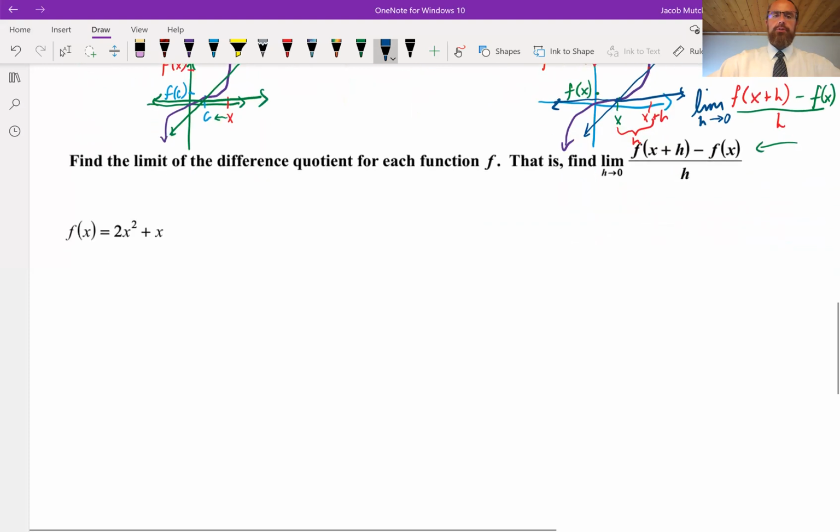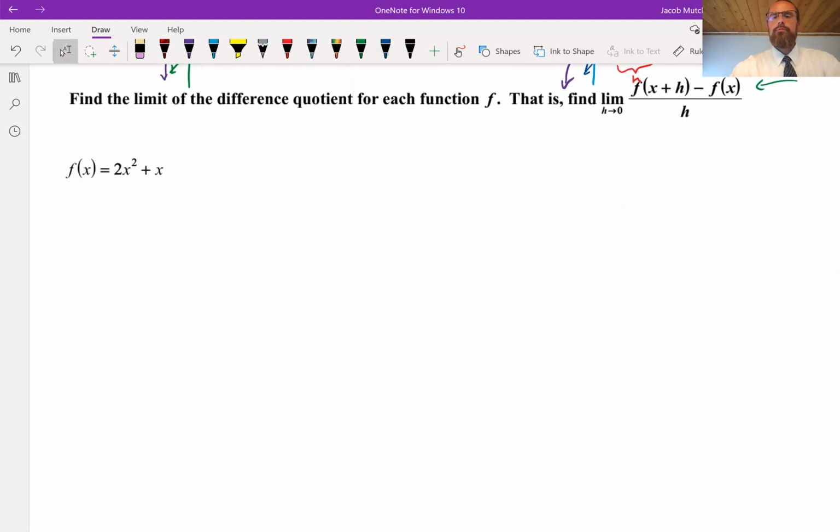So I've got these instructions to find the limit of the difference quotient for this function f. And then I have that same expression that we just wrote, the limit as h approaches 0 of the fraction f of x plus h minus f of x all over h. So I'm going to set the limit up. The limit as h approaches 0. And when I get to this first term in the numerator, f of x plus h, what I'm going to do is substitute anytime I see x with the sum x plus h.